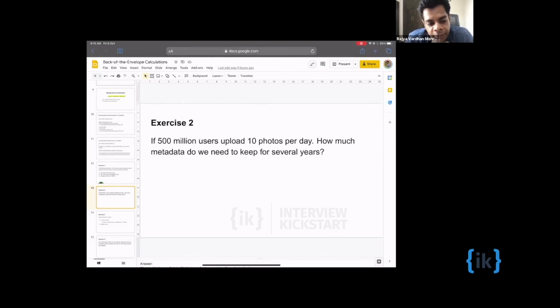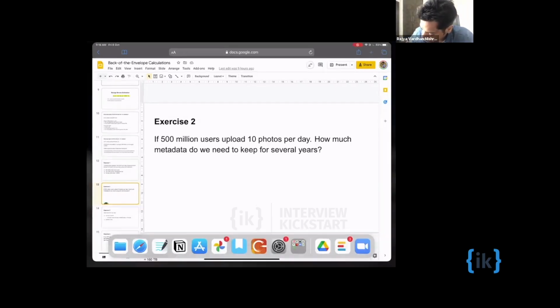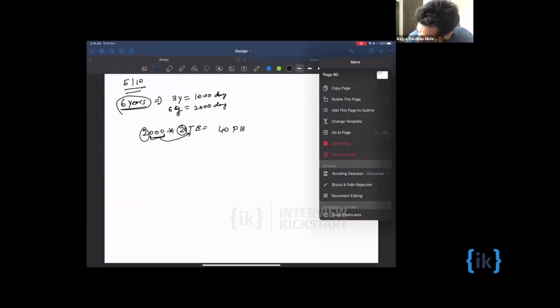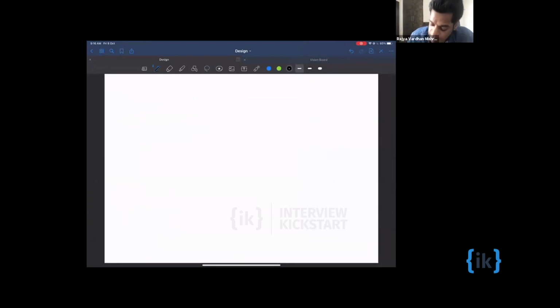So by metadata, we mean the schema. So, I'll explain it. So we have 500 million users.